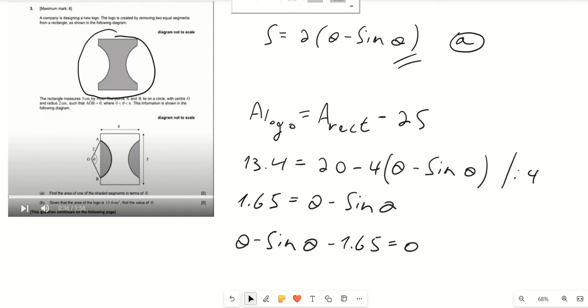For that we have to use the calculator to simply plot this function of theta. It's like a function of x, but it's written with a variable theta. So we can plot it using the calculator, and then we have to look where it intercepts the x-axis, because then y equals 0.